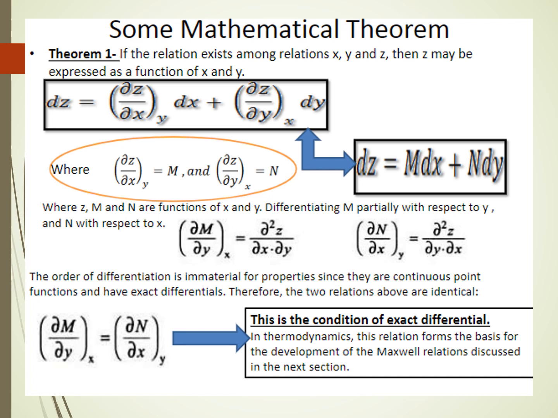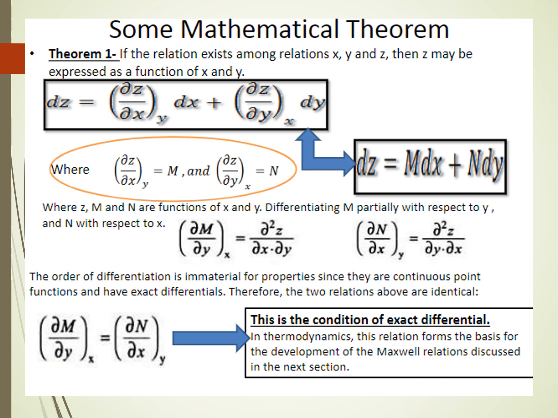Here M and N are functions of x and y, and we are differentiating M partially with respect to y and N with respect to x. Differentiating M with respect to y, we get dou M by dou y at constant x is equal to dou square z by dou x dou y.